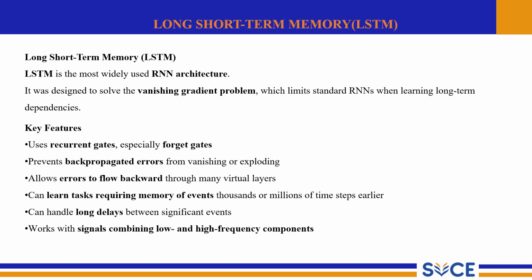But in LSTM, the internal structure allows gradients to flow more effectively, making learning stable even for long sequences. This means the model can learn long-range dependencies without losing information during training.